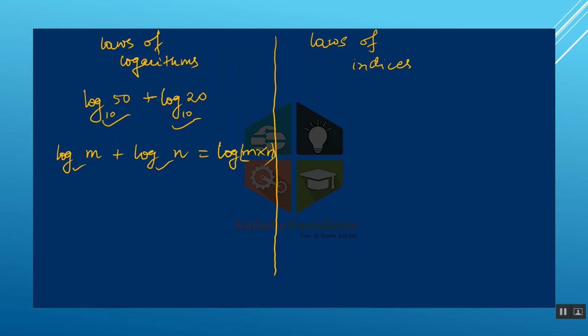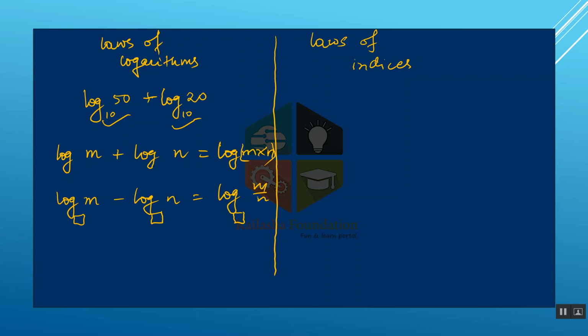Log m minus log n will be equal to log m by n, and the base will be the same base which was in these two. The laws are applicable only when the base is common, the base is same.